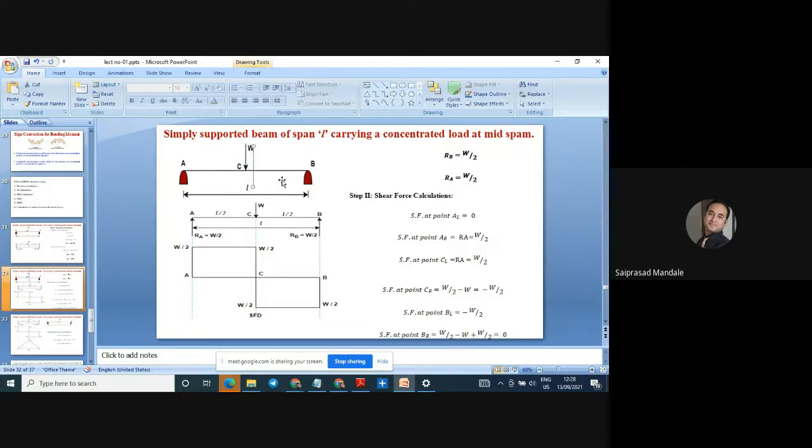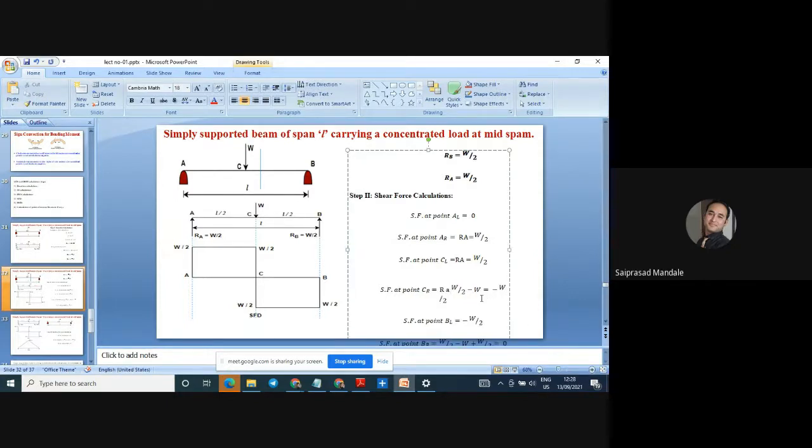So I have shifted that section to the right hand side. Again, I am looking towards the left hand side. So what are the forces? RA is there and W is there. So I am going to write RA minus W. Why have I written RA minus W?